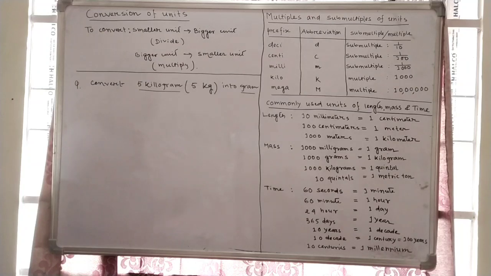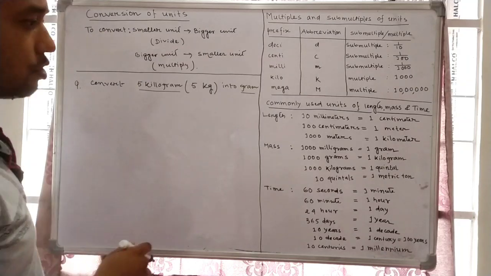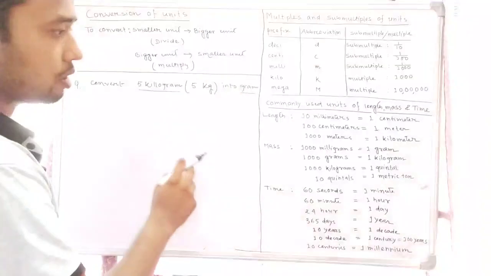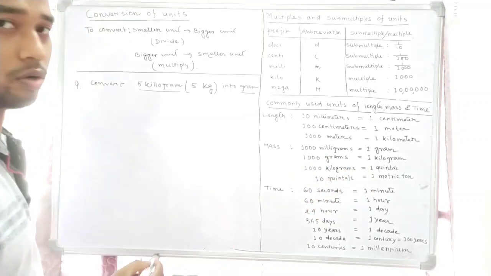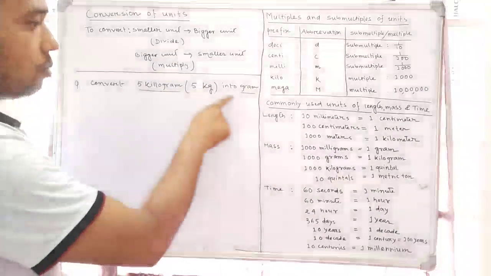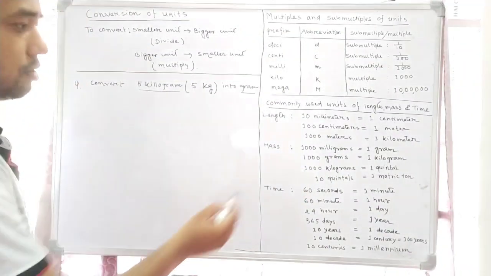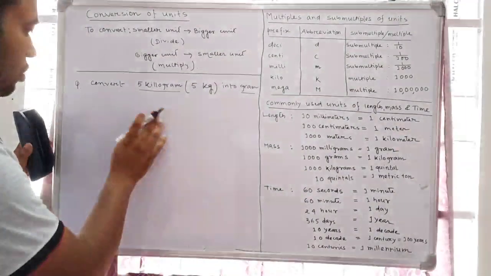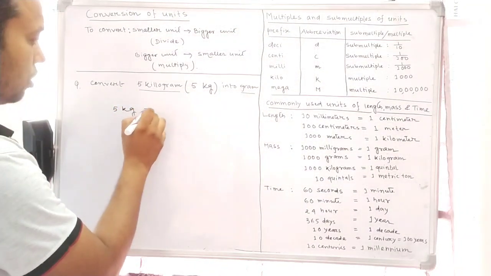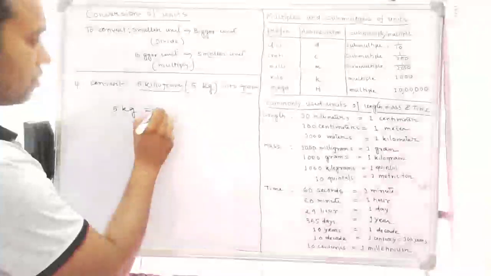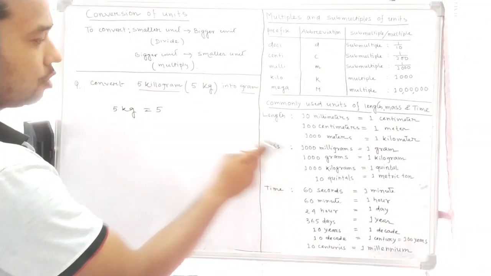So with what do we multiply? See the relation. What is the relation between kilogram and gram? Here 1000 gram equals 1 kilogram. The relation between kilogram and gram is given by 1000. So 5 kg equals this value 5, we have to multiply it by 1000.